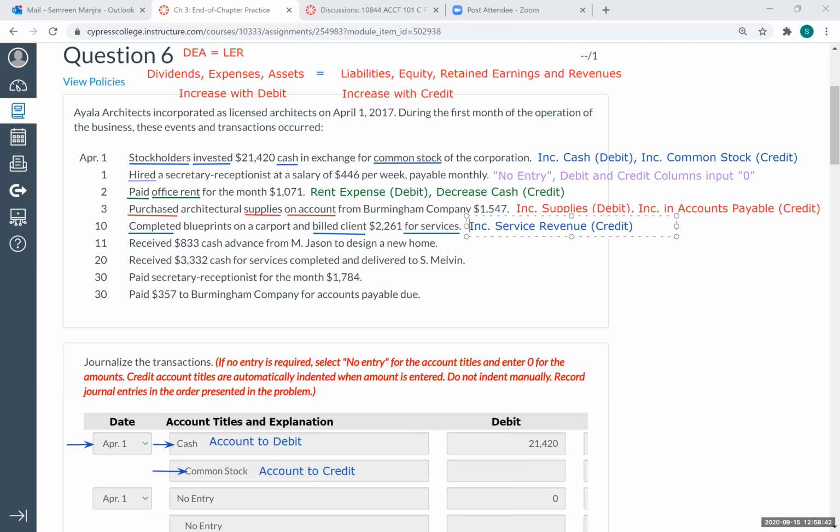And because we've performed a service, we should get paid. We didn't receive money now, we will receive money later from our customer. So we have an increase in our accounts receivable asset, and our increase in our asset will be reported as a debit.